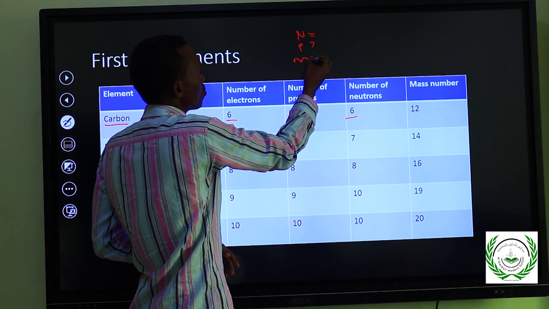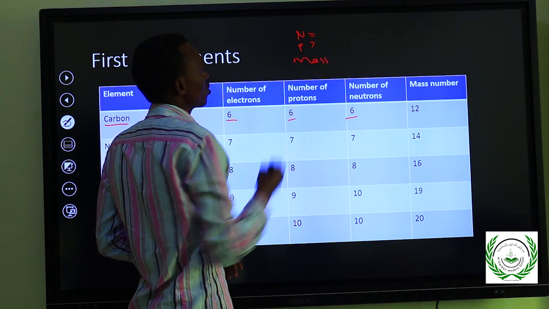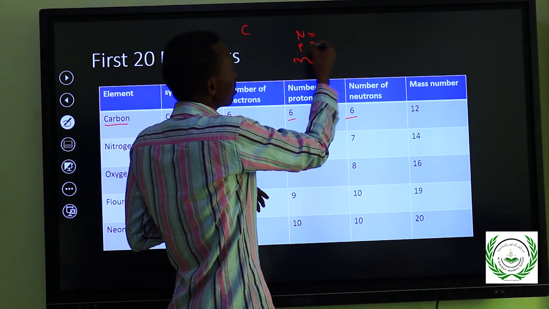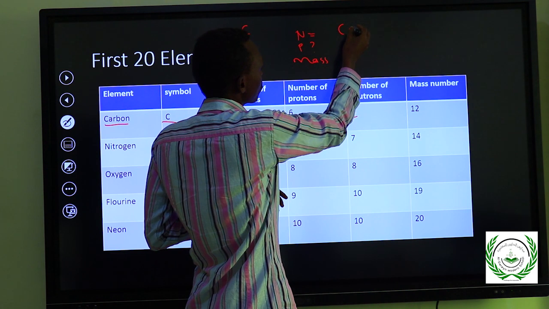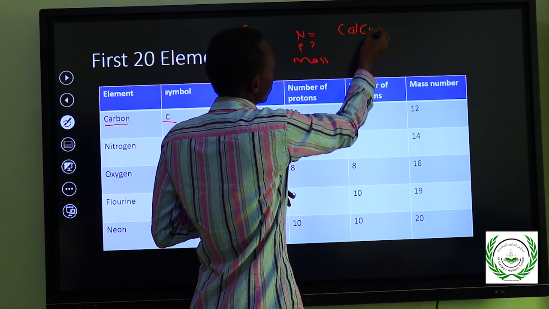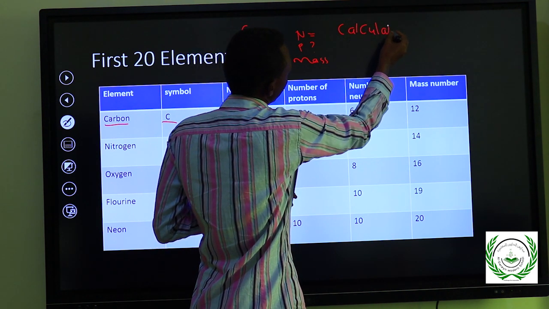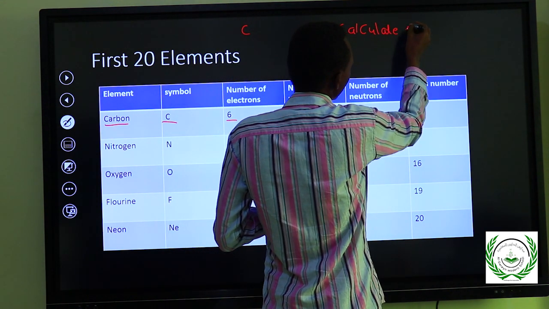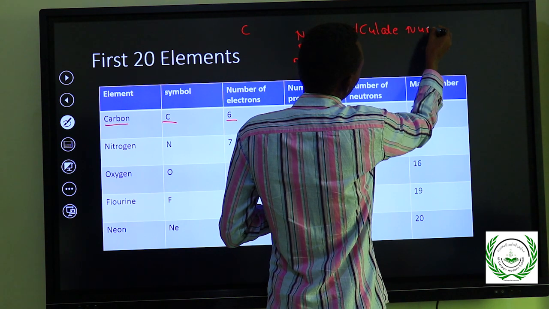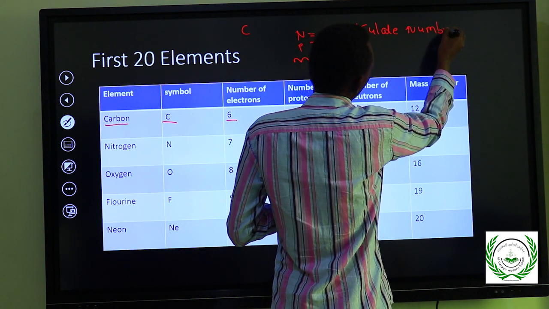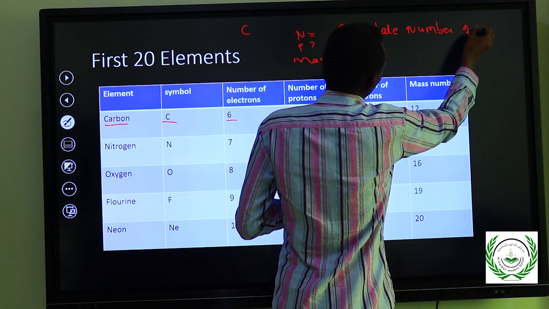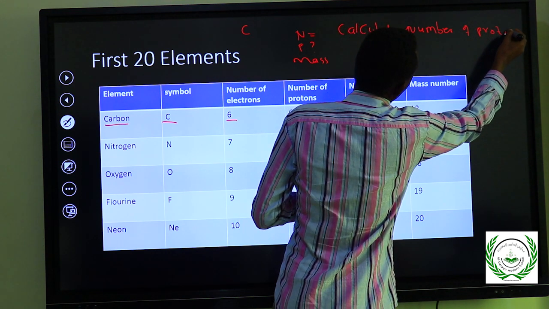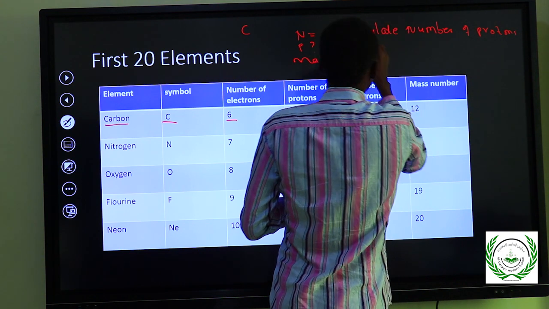So the element is carbon, C. Calculate the number of protons of carbon.